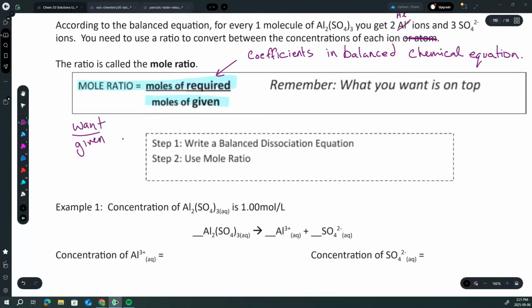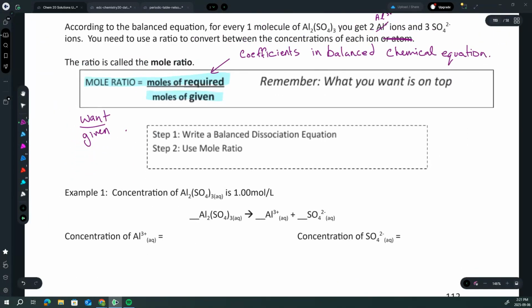Okay. Now, questions in which you need to calculate the concentration of ions can be broken down into 2 steps. Step 1, write a balanced dissociation equation. Step 2, use the mole ratio to calculate whichever concentration of ions the question is looking for.